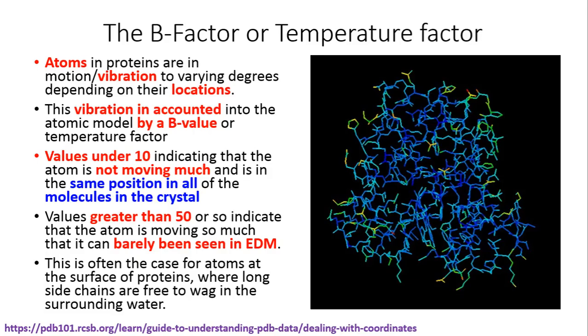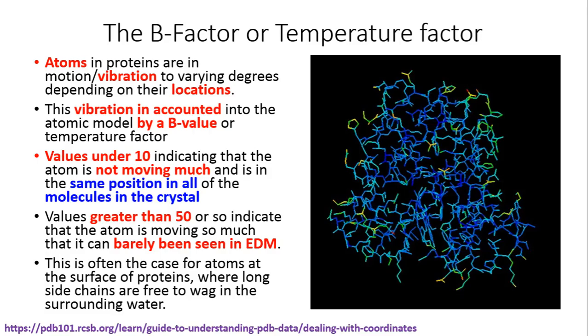So if the atom has a B factor value under 10, it is quite stable in your protein molecule, while if the value is greater than 50, it has inherent flexibility.